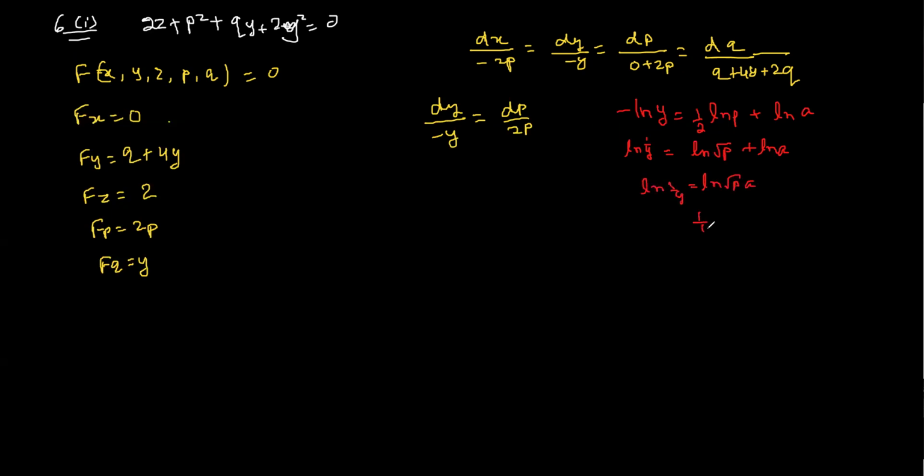Ln cancel, 1 by y. So p will be, when you take square, 1 by y square, p equals a upon y square, where a is any constant. Okay, understood?